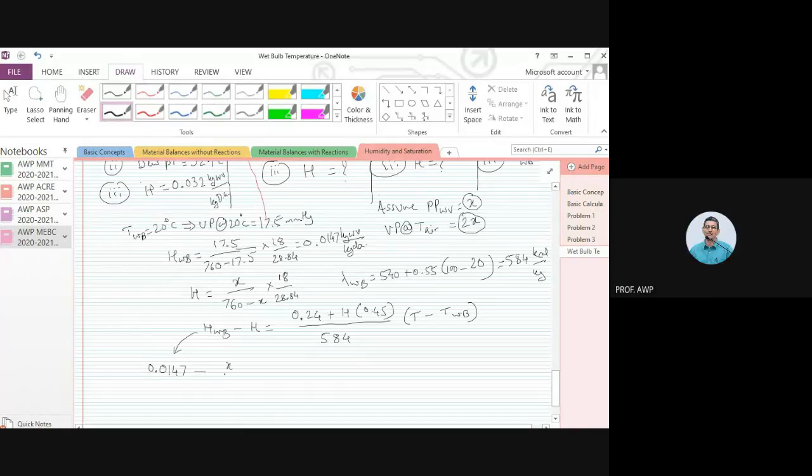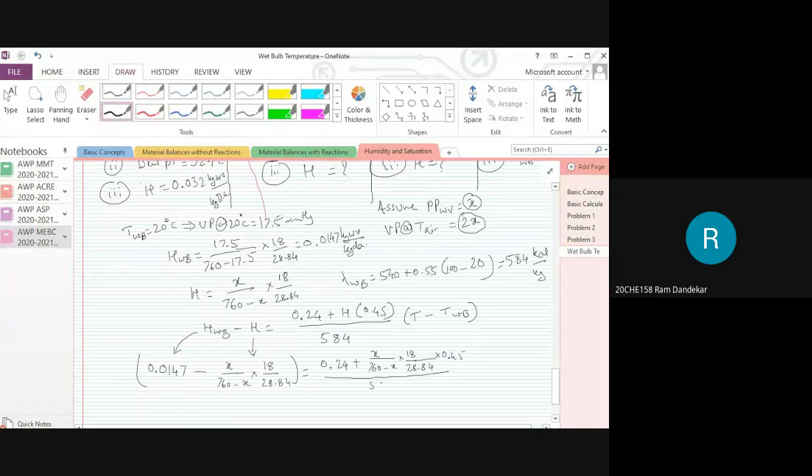Humidity is X divided by 760 minus X, into 18 divided by 28.84. So 0.24 plus humidity, X divided by 760 minus X into 18 divided by 28.84, multiplied by 0.45, divided by 584.